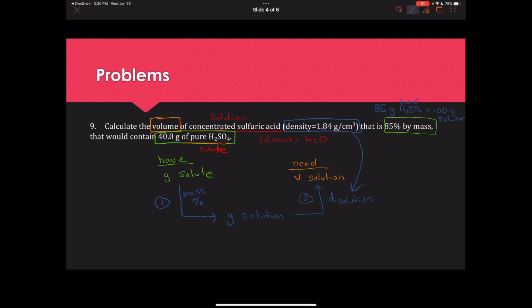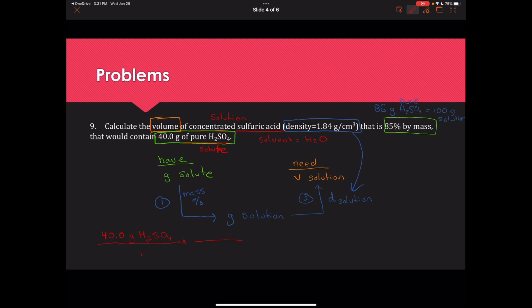So now putting this all together, I'm going to start with our given mass of 40 grams of the pure H2SO4. We're writing it as a fraction over 1, and we're multiplying by a conversion factor. Our conversion factor is going to be made using that mass percent. I need to set this up. So again, we've got to be careful with solution versus solute.